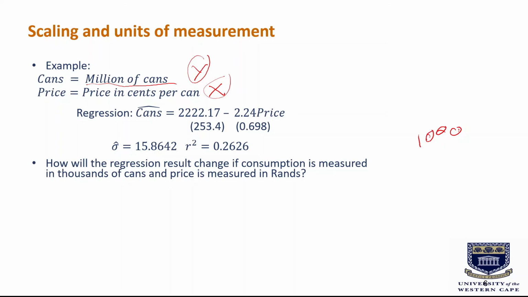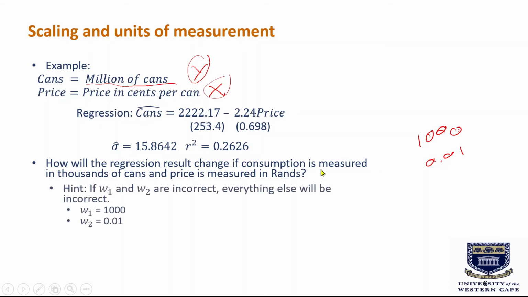Next, we move on to the x variable. We can ask how many rands are there in 1 cent? And here the answer is 0.01, right? It's 1 over 100, which is the value given over here.